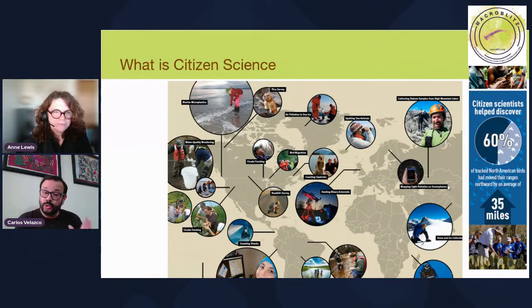So no matter what you do for a living or what you do in life, you can become a citizen scientist and you can participate in a science project anywhere you are in the world. And let me clarify also this: citizen science is not just about biodiversity. There are a lot of topics that can use citizen science as a tool to get more understanding of certain phenomena. Maybe you can monitor light pollution at night, you can monitor sound pollution, and yes, there is such a thing as sound pollution.